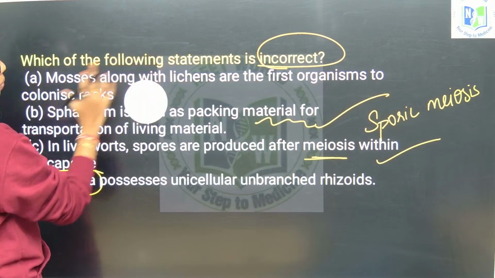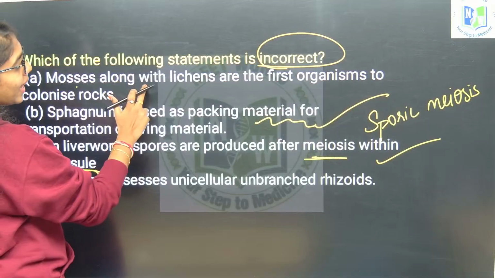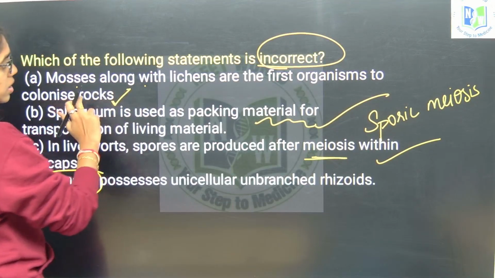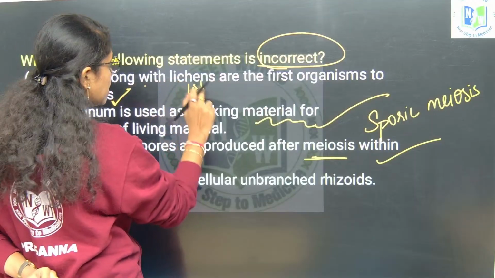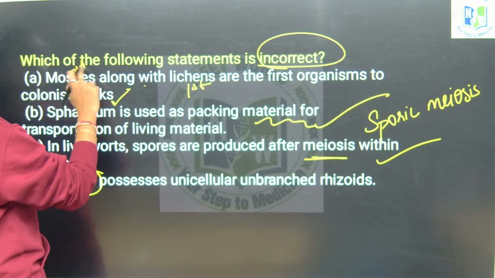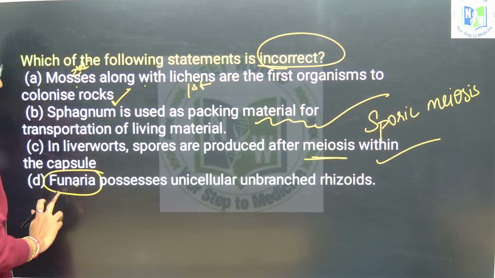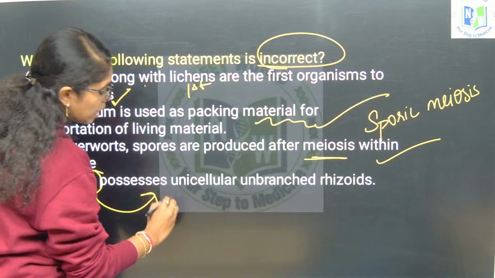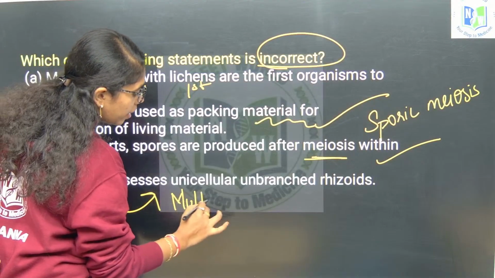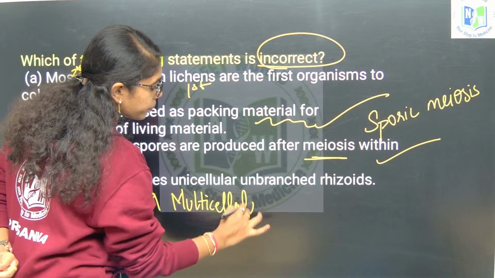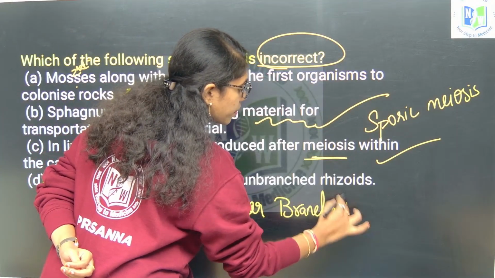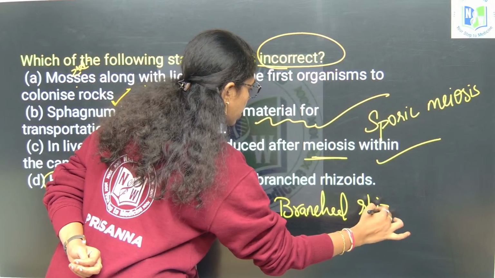Once again, mosses along with lichens are the first organisms to colonize rocks. We can consider this statement, but first lichens, then mosses contribute in plant succession. Here Funaria is a direct wrong statement because Funaria possesses multicellular branched rhizoids.